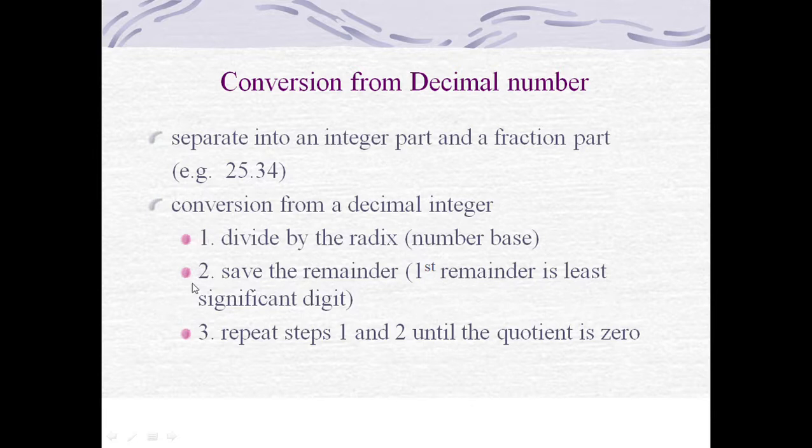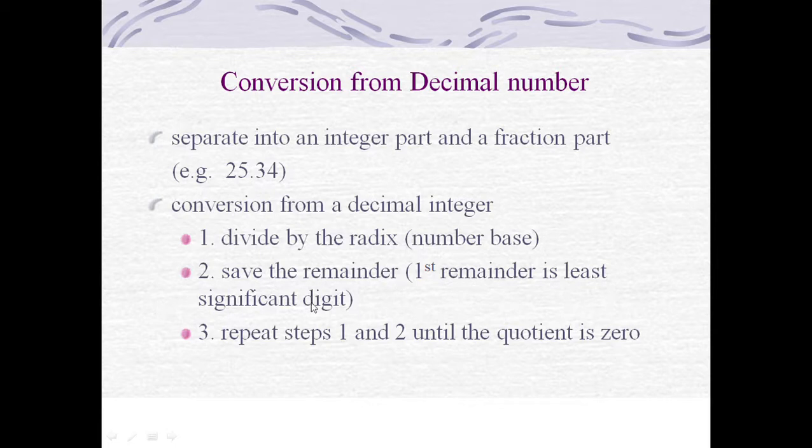Then in the second step, save the remainder. The first remainder is the least significant digit. Keep on saving the remainder. Each time you divide the decimal integer by the radix of the number system we want to convert to, save the remainder. And each time we get a quotient, just repeat steps 1 and 2 for the quotient until the quotient is 0.